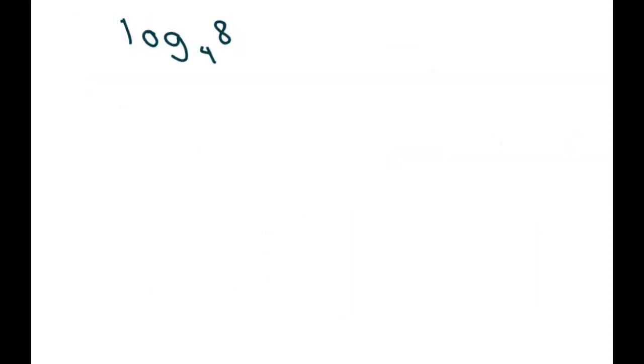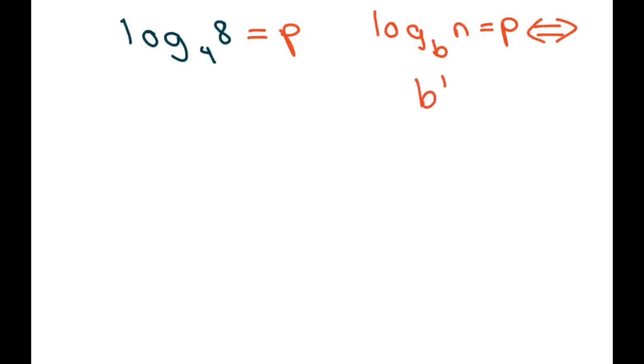So let's look at the first one. We're going to set it to p, because that's what they're looking for, the power. Now I'm going to write this. If you have a log base b of some number n equals p, I can rewrite that as b to a certain power equals n. So I'm going to write my base is 4, my p is there, equals 8.